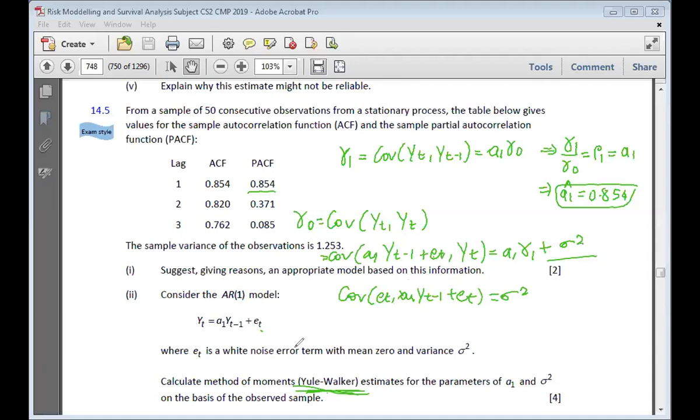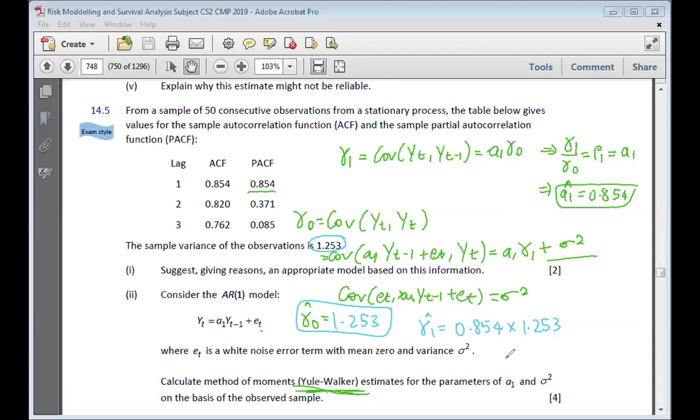Correct. So that's it. And now you have the estimate for gamma 0 already, which is 1.253, right? This is the value for gamma 0. If you substitute this value for gamma 0 here, and you know the value of rho 1, you get the value for gamma 1. That's how you can derive the value for gamma 1 hat, which will just be 0.854 times 1.253.